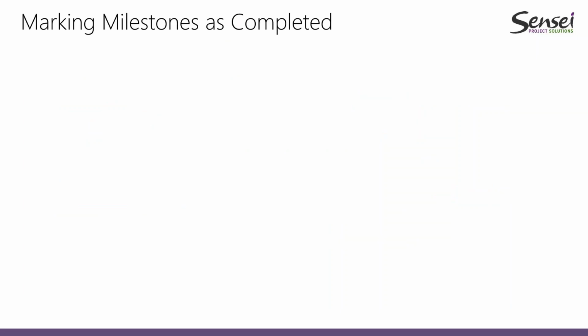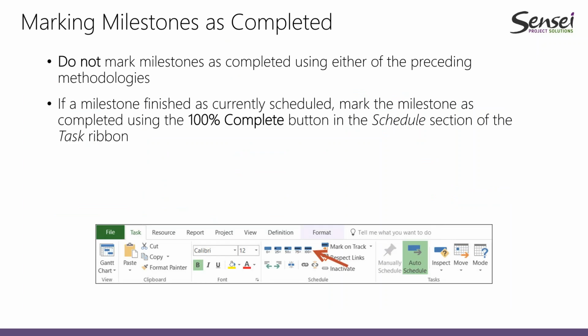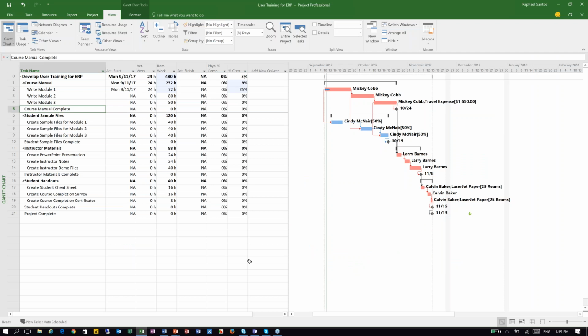Finally, when we are talking about milestones, we are not going to be using percent completion or actual and remaining work. As soon as a milestone is completed in our schedule, all we have to do as project managers is just determine that a milestone has been completed. So let's say that this milestone is completed, for example.